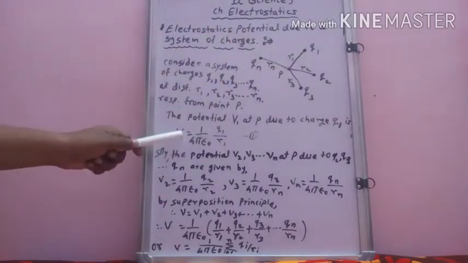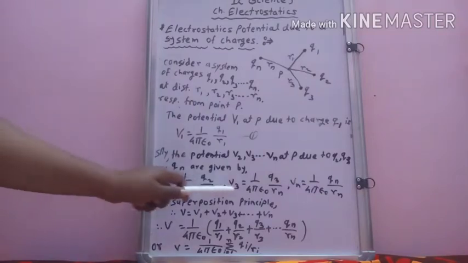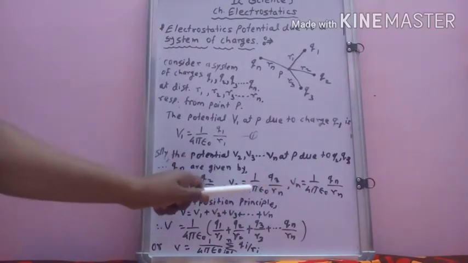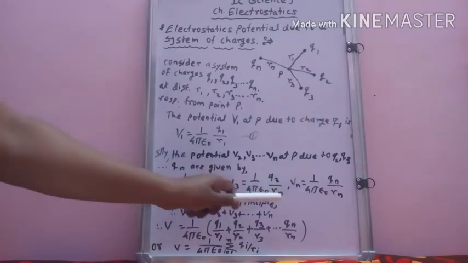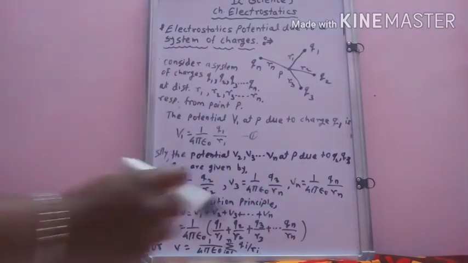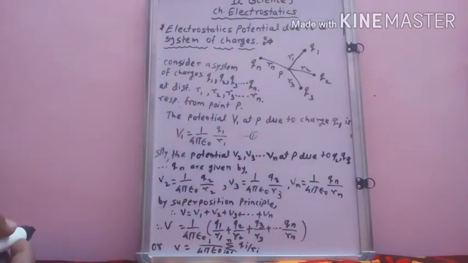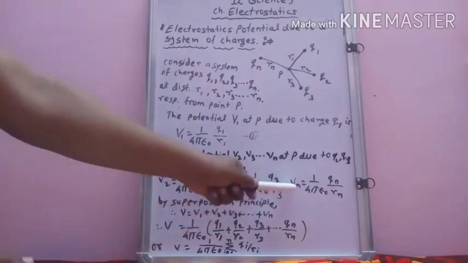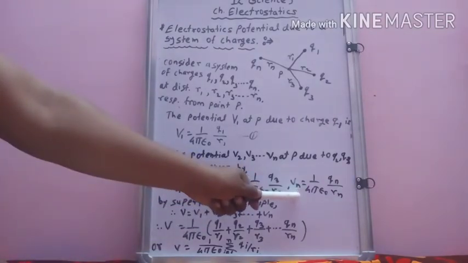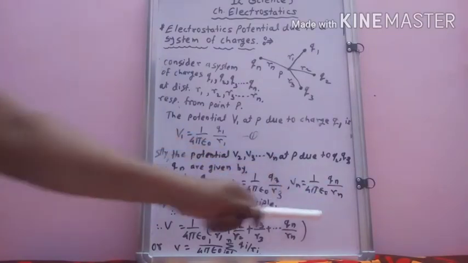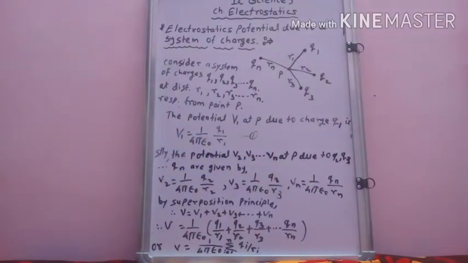Then we can write V3 is equal to 1 upon 4 pi epsilon naught Q3 upon R3. Similarly, Vn for the nth charge is 1 upon 4 pi epsilon naught Qn upon Rn. Rn is the distance of that charge from the point P, as shown in this system of charges.